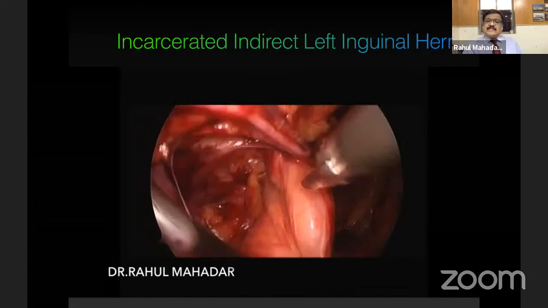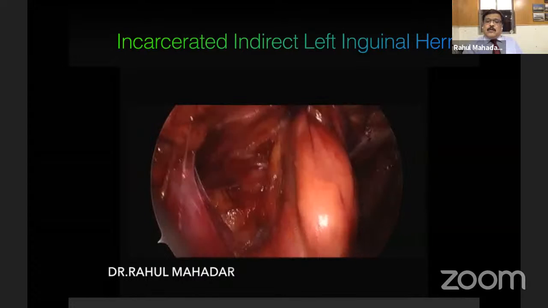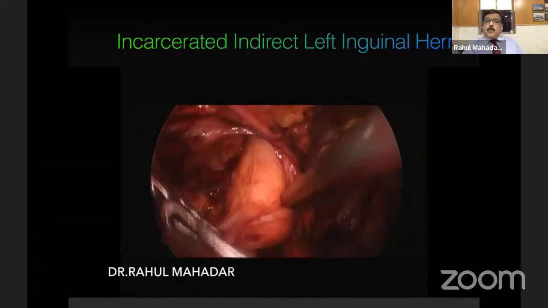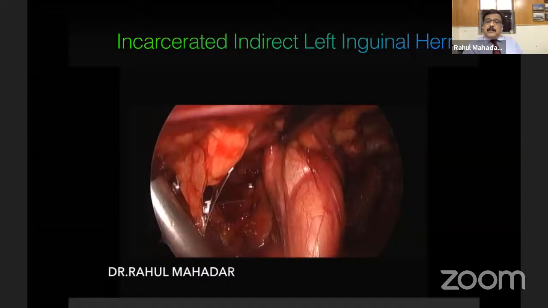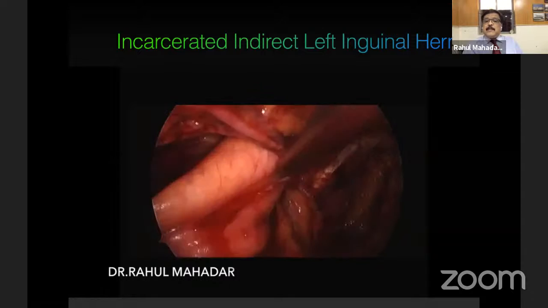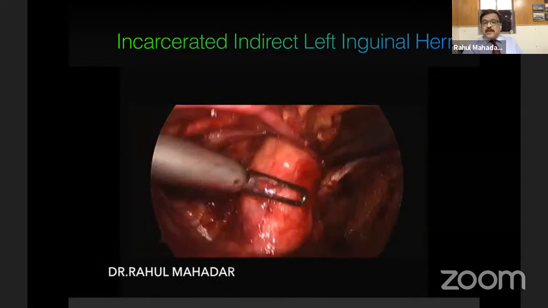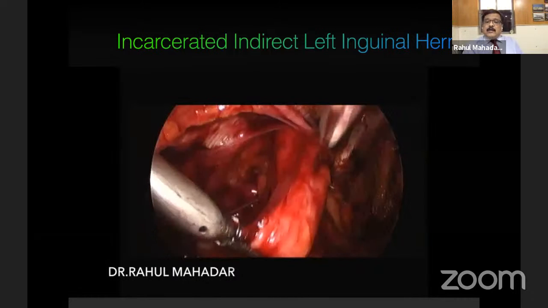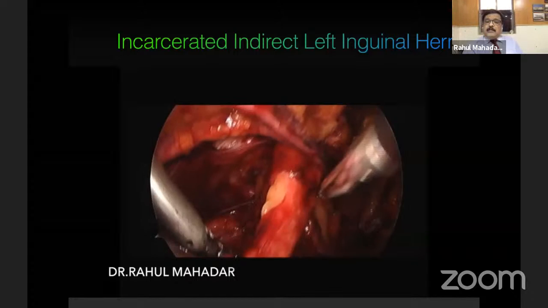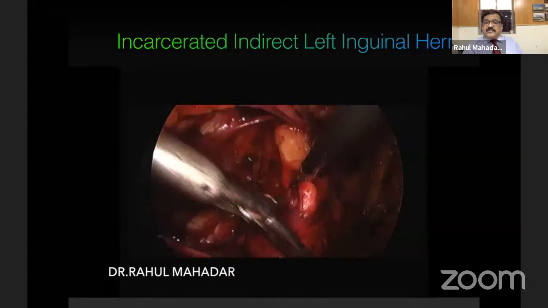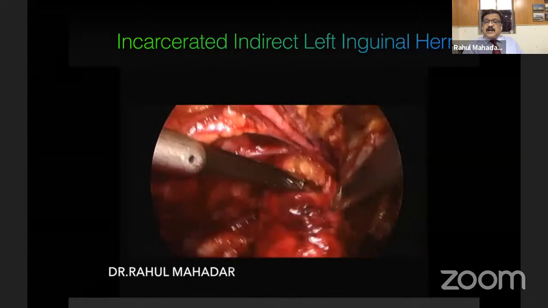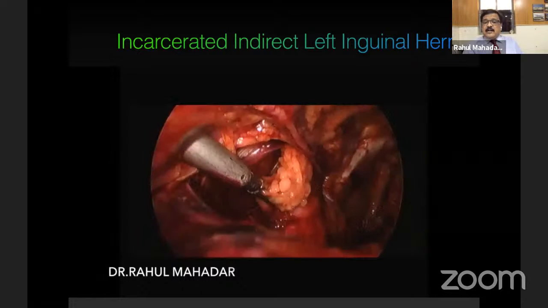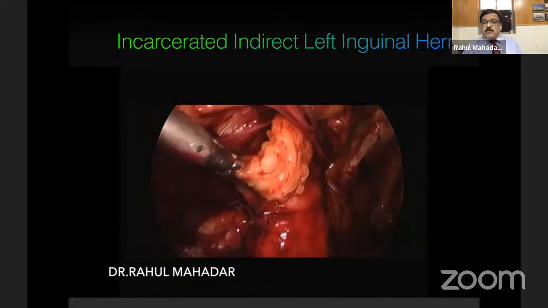So then we decided to open the sac. Even though we have opened the sac in the extraperitoneal space, we are still maintaining the extraperitoneal space. You can see here, I am opening the sac now, and we deliver the omentum, which is adherent, or the contents of the hernia sac, into the extraperitoneal space like this, still maintaining the extraperitoneal space.